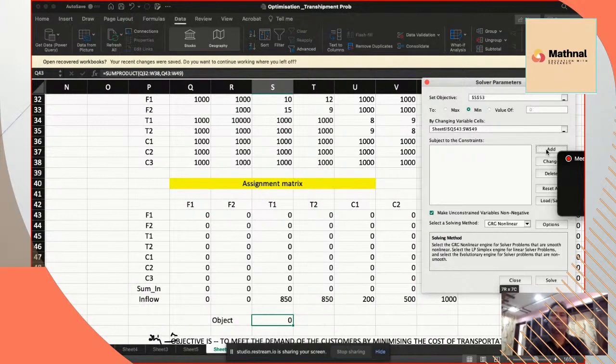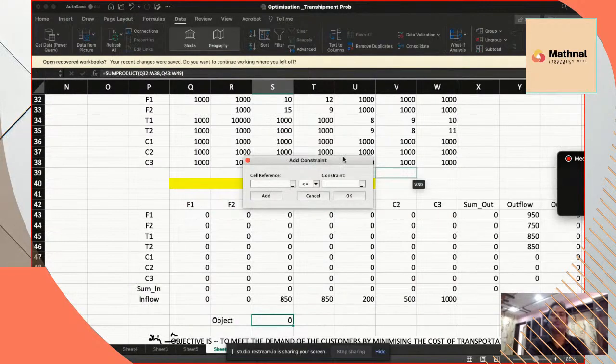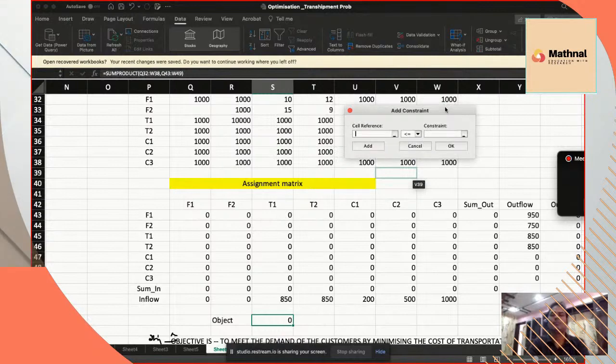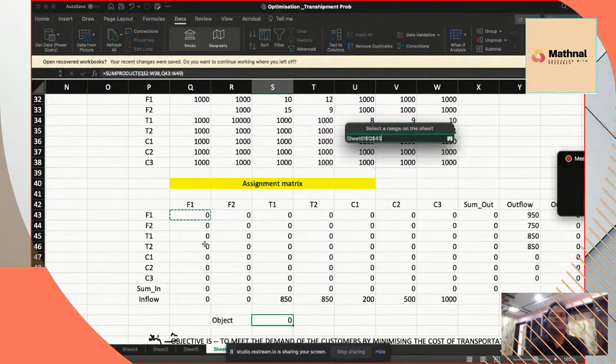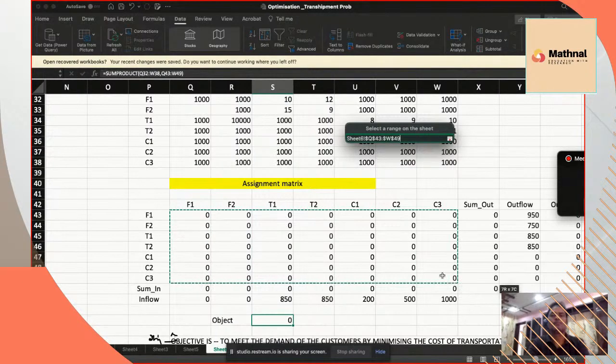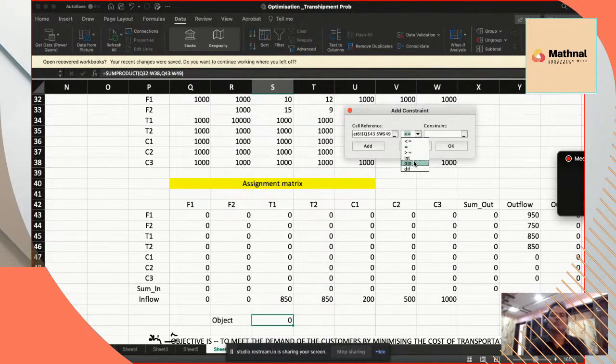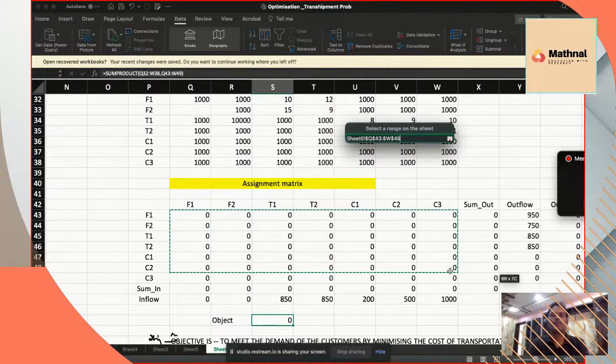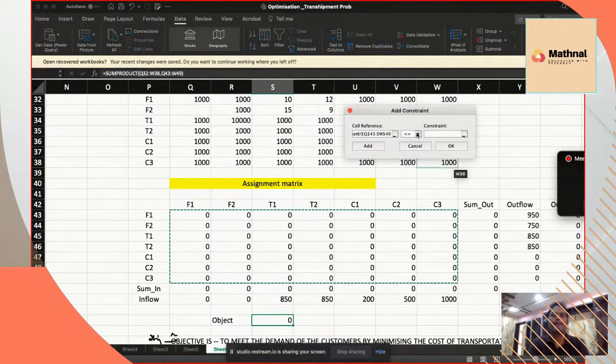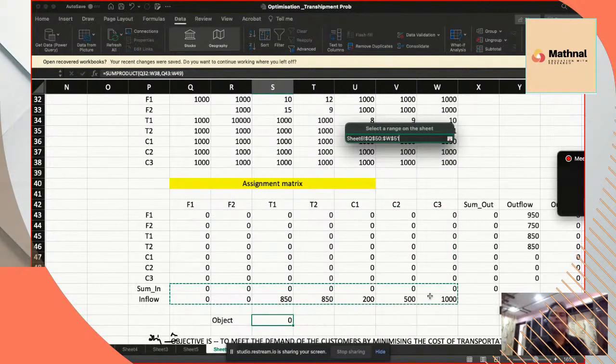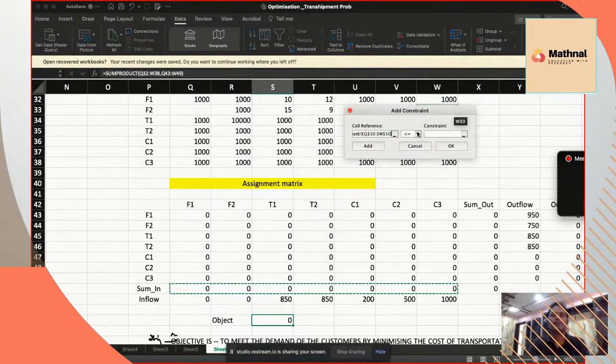Add. So these variable cells have to be binary, let's say binary. Let's add this. Let's put this as an integer. The third constraint is this sum in has to be equal to these values.